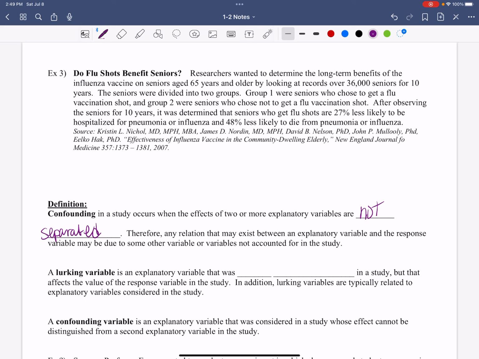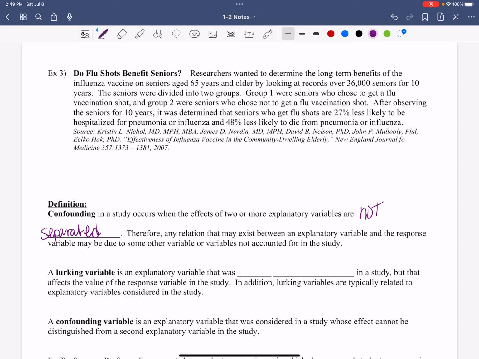And that's part of what happens with observational. You can't account for everything that you're doing. In a designed experiment, you take out some of those confounding variables. But if it's in just an observational, that also makes a difference too. Sometimes in a designed experiment, you don't think about what could be confounding, and then it makes an impact. So that's what confounding does for you.